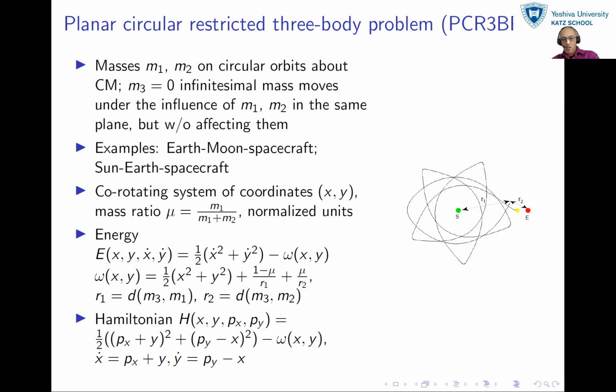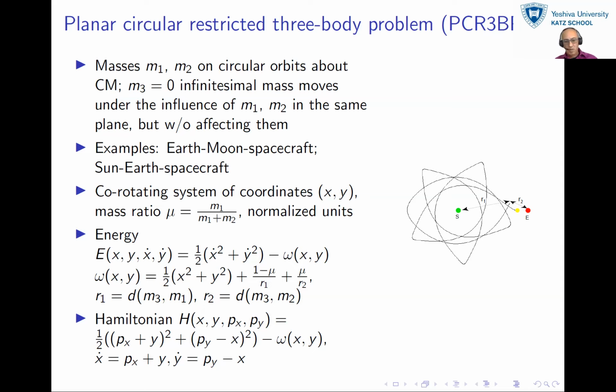Typically, you want to choose a coordinate system that fixes the position of the Sun and the Earth, and study the motion of the spacecraft relative to this coordinate system. The Sun and the Earth are on some horizontal axis, and the spacecraft is moving relative to this coordinate system.